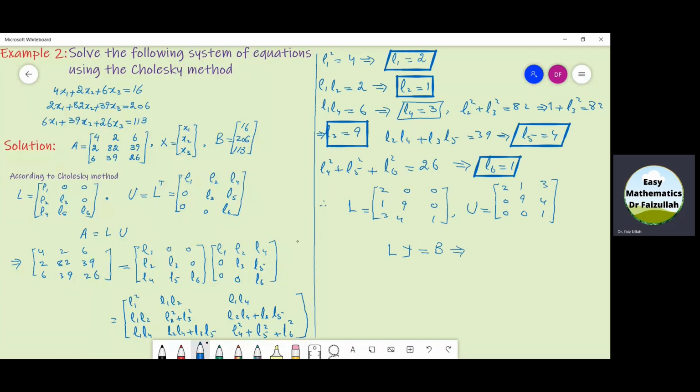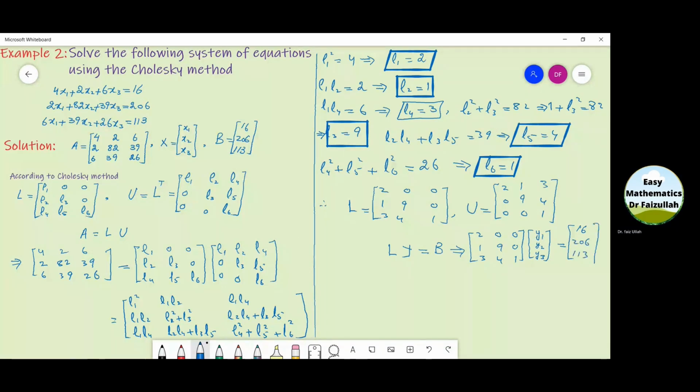So let us put values in this equation. The value of L is 2, 0, 0; 1, 9, 0; 3, 4, 1. And the value of y is y1, y2, y3, which is equal to B, and matrix B is given as 16, 206, 113. And now let us solve this system.